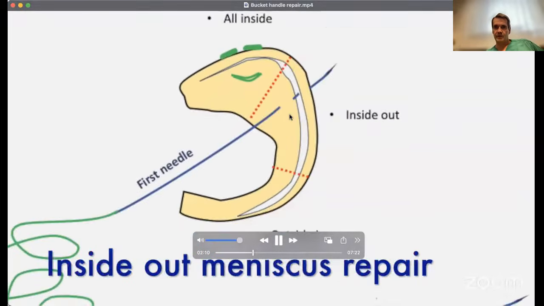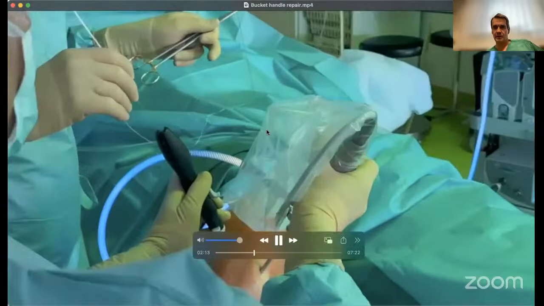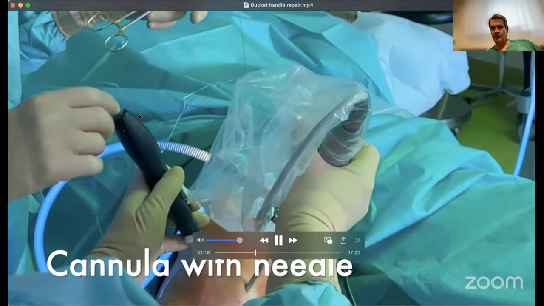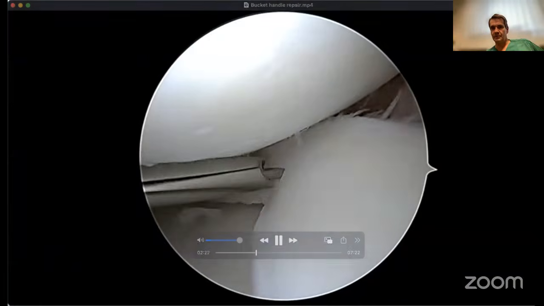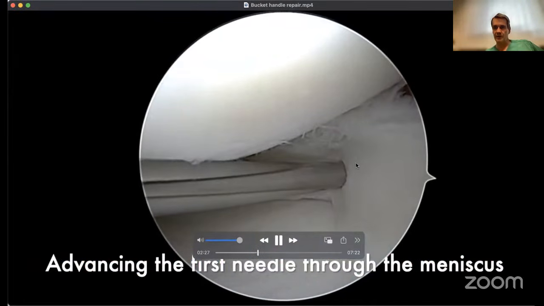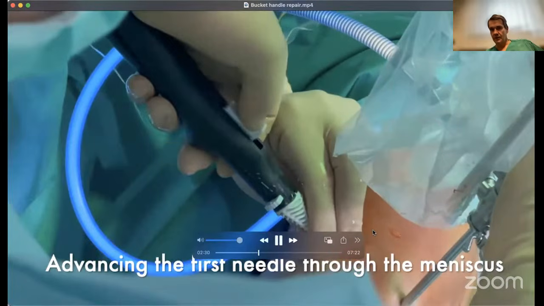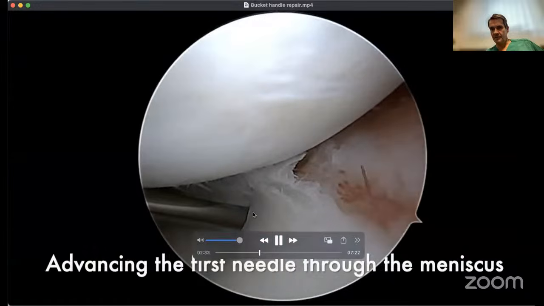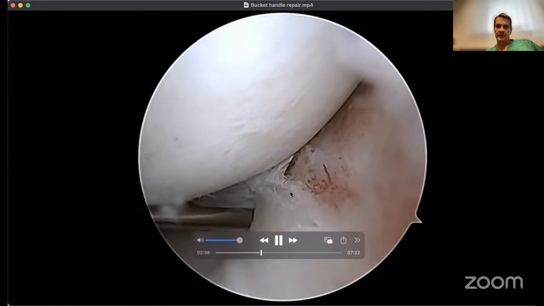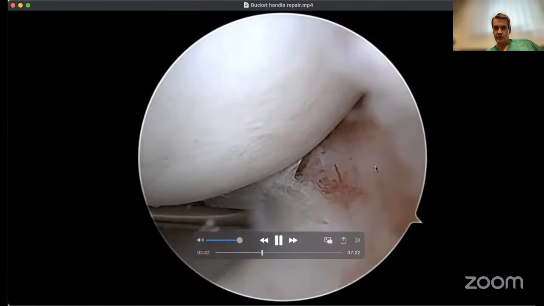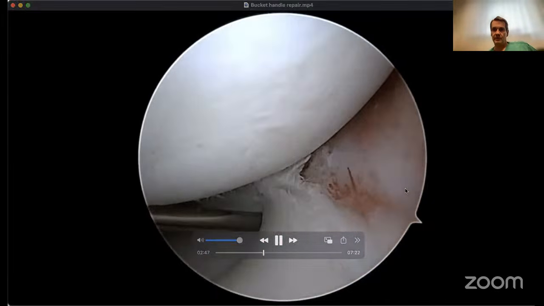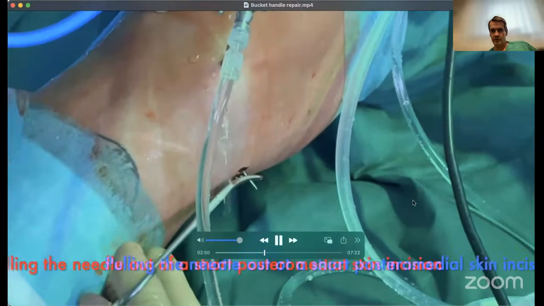Then in this case, for the intermediate part, we use an inside-out technique. I normally do not use it, but this is just for educational purposes, to show how an inside-out technique works. Here I advance with this special device the needle through the torn meniscus fragment and through the base of the meniscus. You have to perform a little incision at the posteromedial side to make sure that you do not entrap the saphenous nerve, as you can see here.